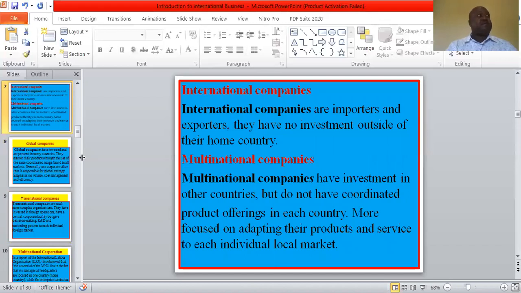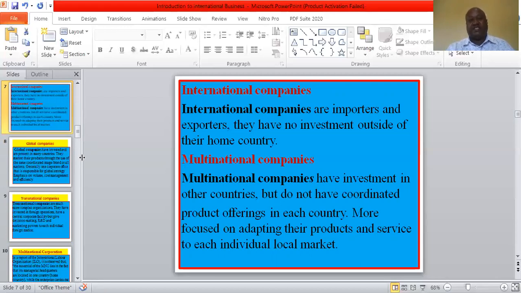International companies. International companies are importers and exporters. They have no investment outside of their home country. They trade across borders. That's what we mean by international companies. We also have multinational companies. They invest in other countries.